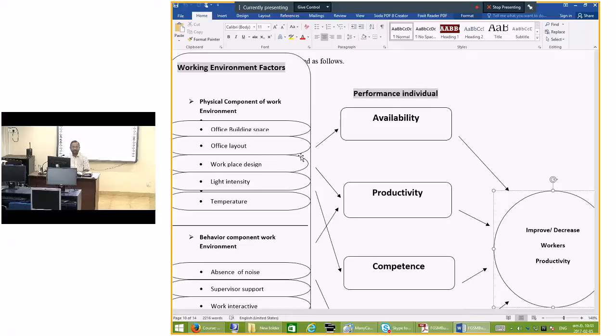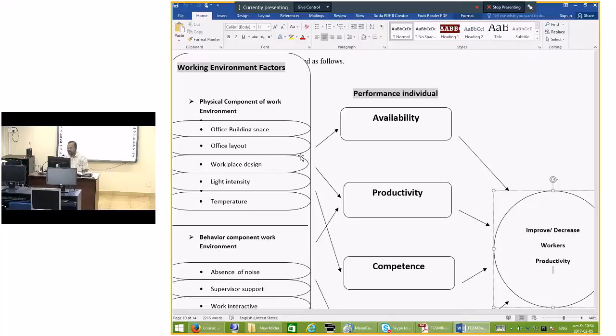Every day I go there, it is perfect. Now, how do I say that employees' productivity will increase? Your argument may be that the office space is there, the layout is very clear, flowers are there, perfumes are there, very nice, AC, the temperature, everything is perfect. Now, how do you say that productivity will increase or not?